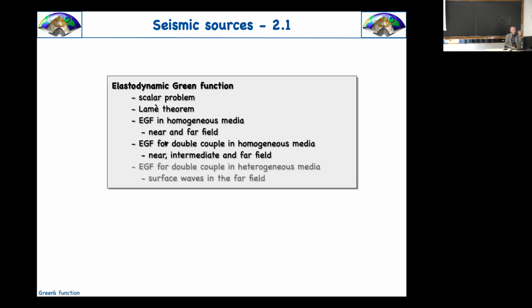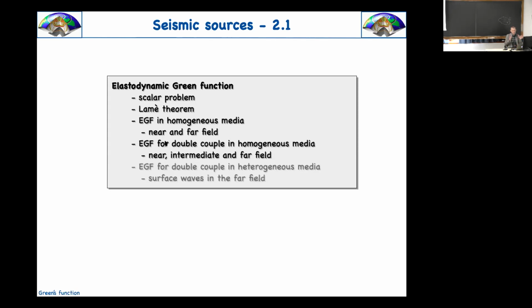The near field will be the term that you are going to use and develop also from a different point of view in Alessandra Borghi's course. The far field is what we're going to use in the next step when we're going to develop the theory and practice of focal mechanisms. And we're going to use it in the remaining part of the course.